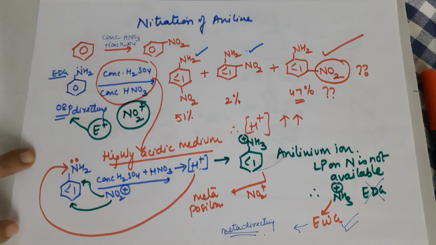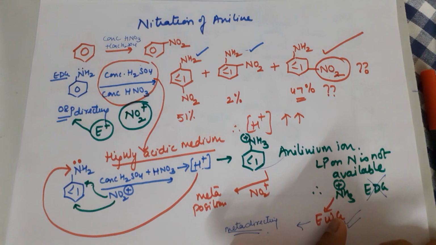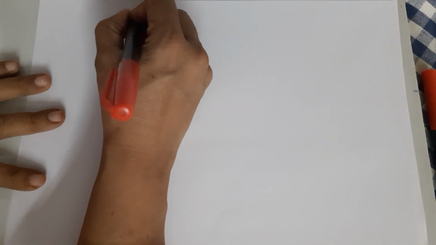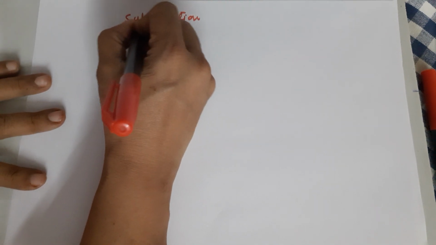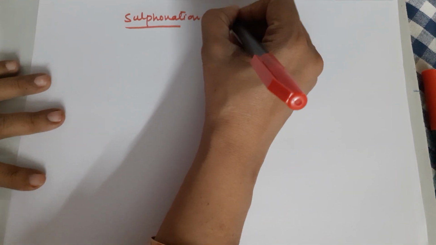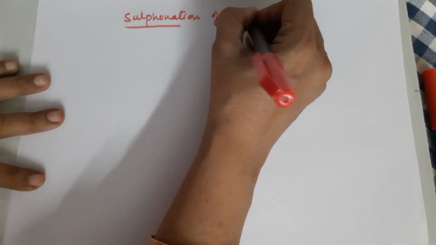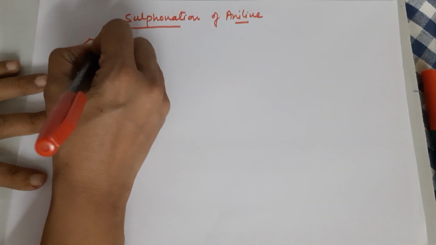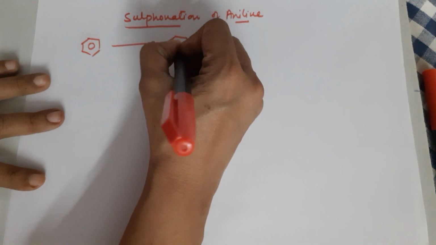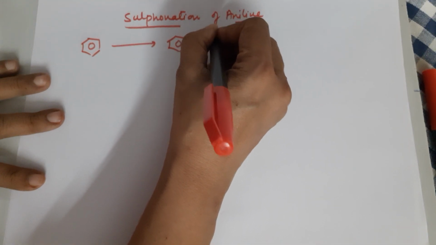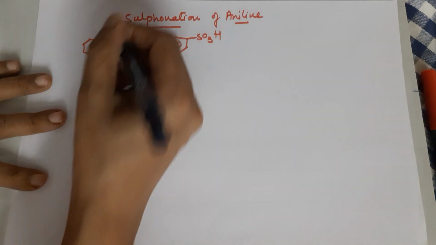Is that fine? Moving to the next reaction of aniline, which is sulfonation. When I talk about the sulfonation of aniline, I again would go from benzene. अगर हमको बेंजीन का सल्फोनेशन करना होता है तो what do you get? SO3H. And what do you need to add?